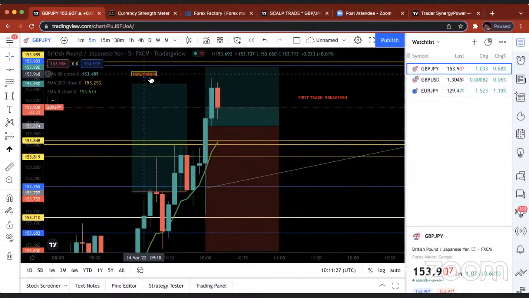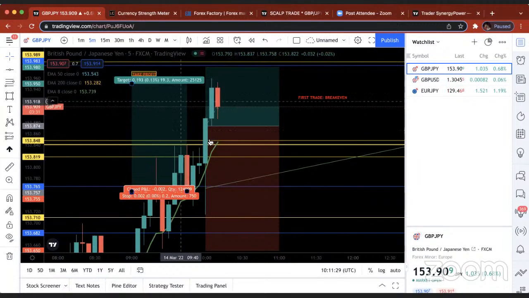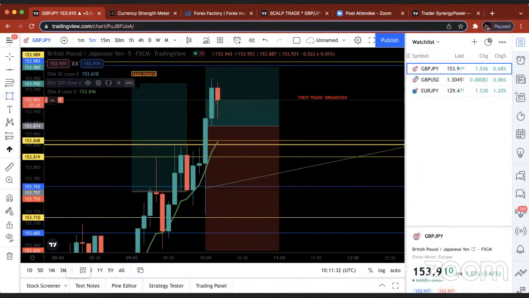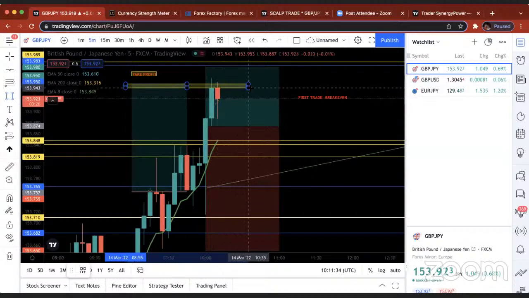First trade would have hit TP right here. Do you guys see this?